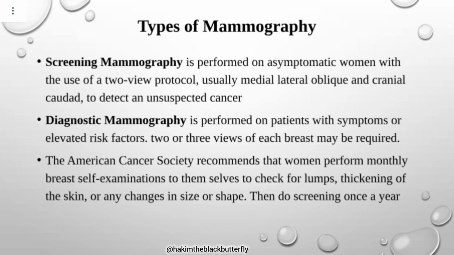They can use a two-view protocol, maybe craniocaudal and the mediolateral oblique, just to detect unsuspected cancers, to detect when it is early. You go there when you know that you don't have anything, but you never know. You might detect something that you never expected.